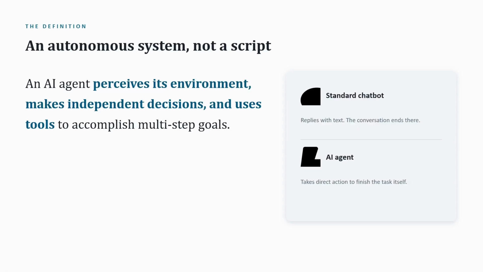an AI agent, right? And if I'm saying standard chatbot, it can be an LLM. You can take an example of an LLM, right? So what happens in case of an LLM? They simply take a request and reply with text, right? And the conversation ends. Whereas if we talk about an AI agent, what happens?